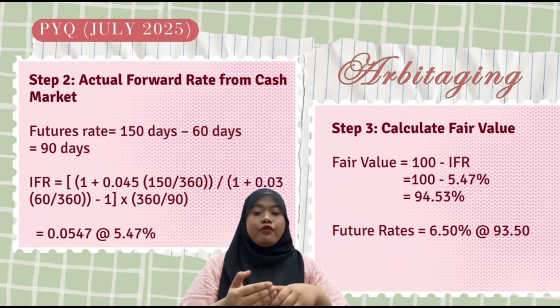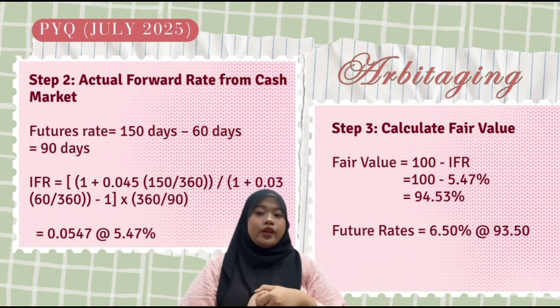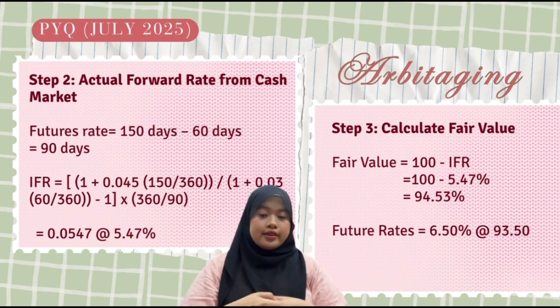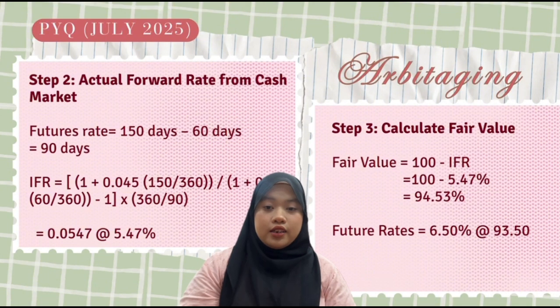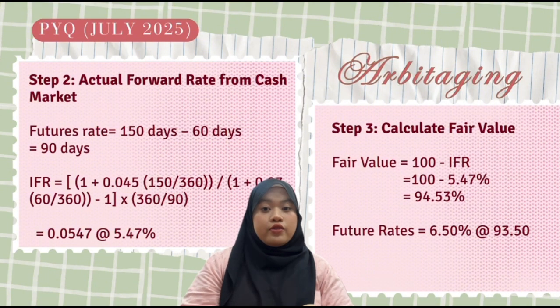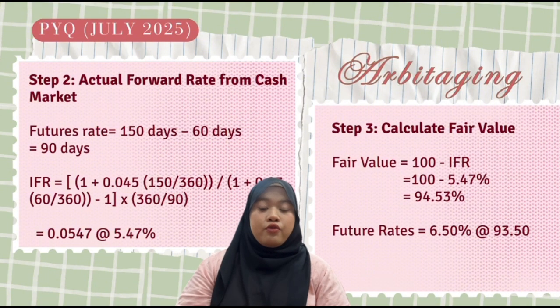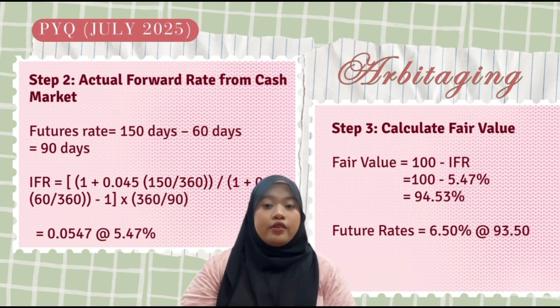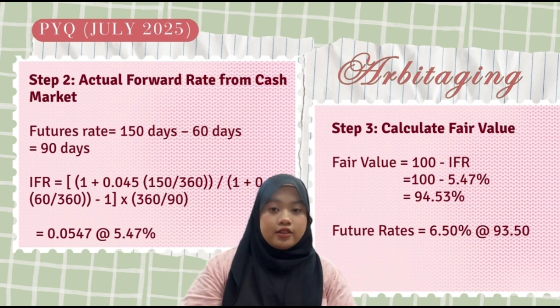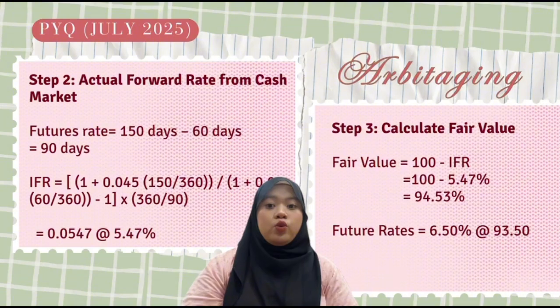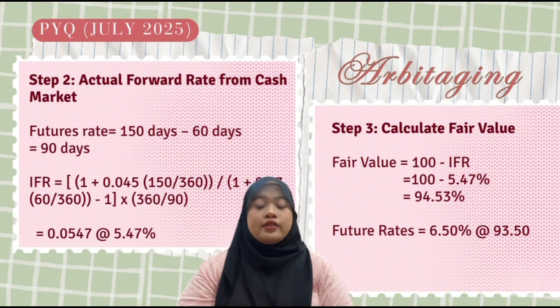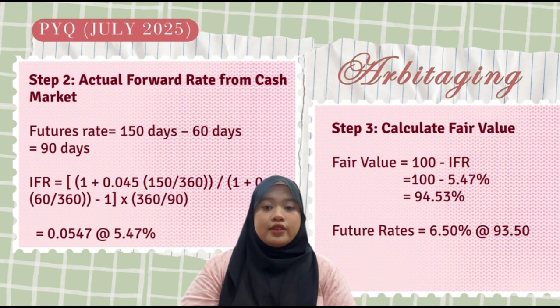Step 2, I will imply the forward rate. Next, we calculate the implied forward rate, which is IFR, to find the fair market interest rate. Firstly, 1 plus 0.045 times 150 divided by 360, and then divide again by 1 plus 0.03 times 60 over 360, and then we minus 1.